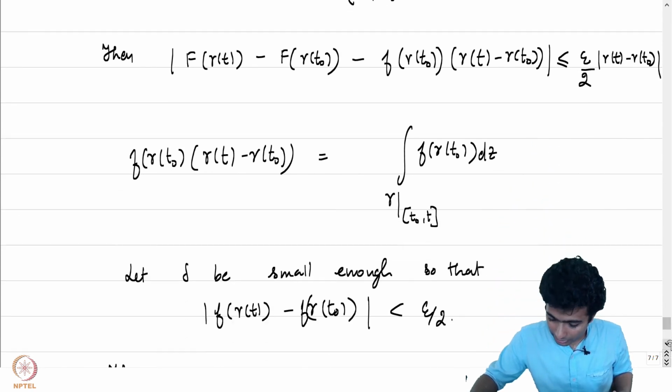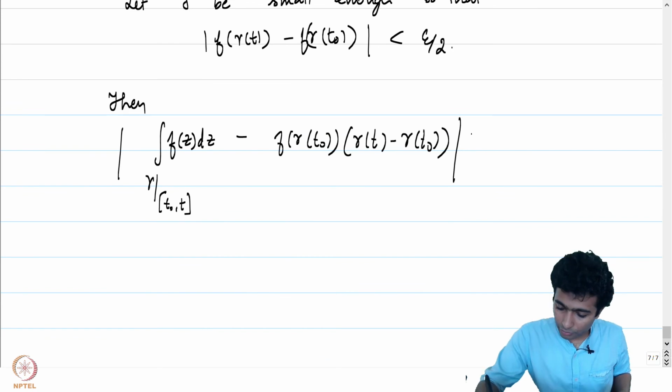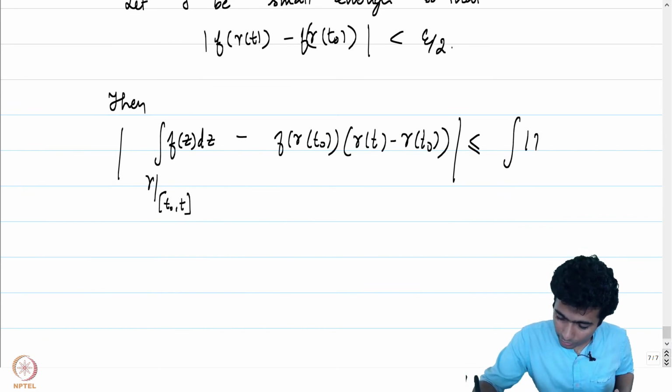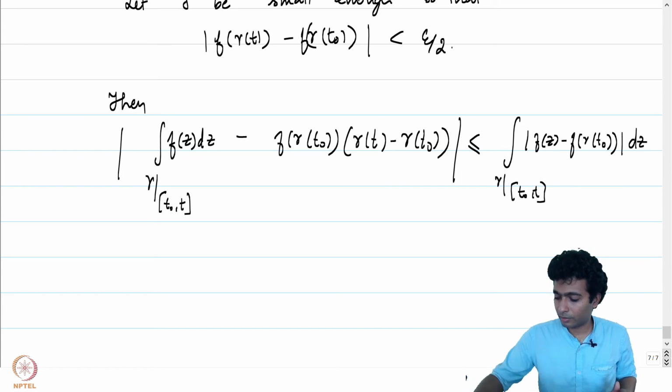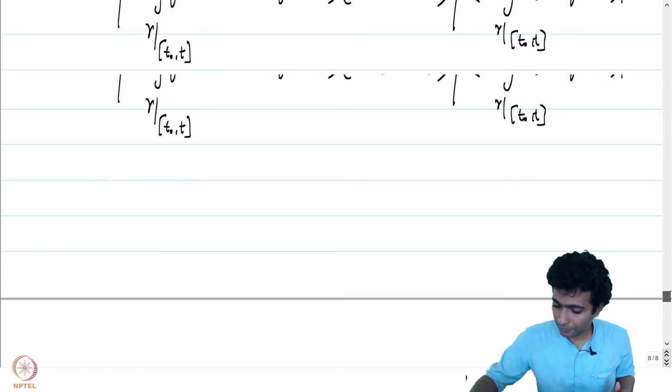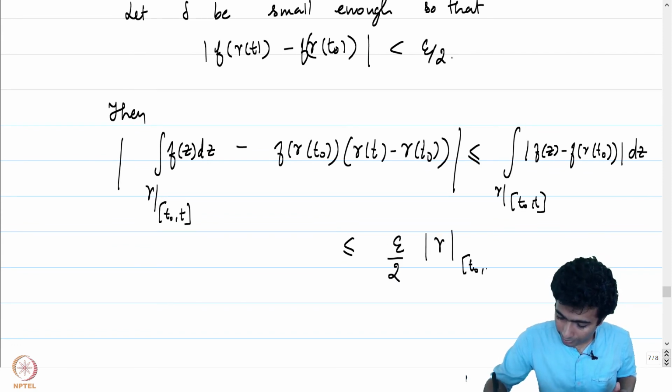So we are estimating that term here, and that can be estimated in the following manner. This is going to be less than or equal to the integral of the absolute value of F of z minus F of gamma of T naught dz over gamma restricted to T naught comma T, and we know that this is less than or equal to epsilon by 2 times the arc length of gamma restricted to T naught comma T.